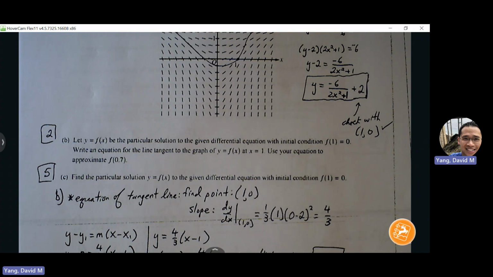So for question number B, for the mean value theorem, the first one, how did you know? Didn't you say to use the endpoints? Yes, that's where I got confused.